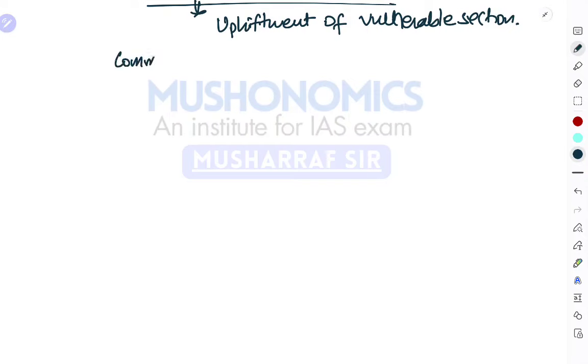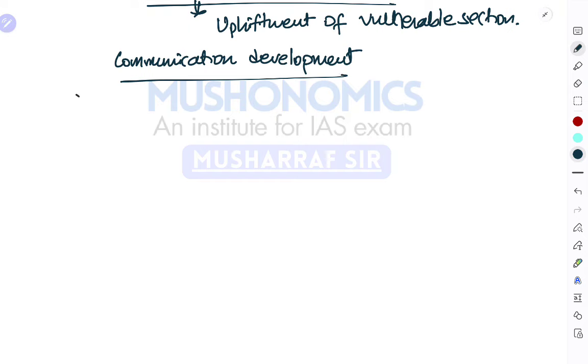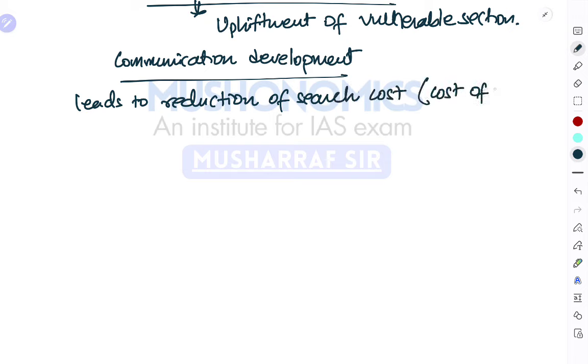So communication development, the infrastructure for communication, leads to reduction in search cost, that is the cost for finding better alternatives. What do we mean by reduction of search cost? Cost of finding the best alternative.